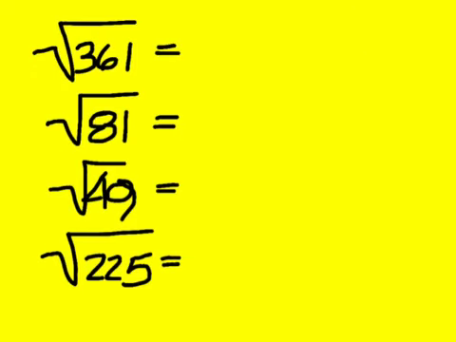Example number 2. What's the square root of 361? If 15 was 225 when you square it, it ends in 1. What 2 numbers would I multiply together to get something that ends in 1?